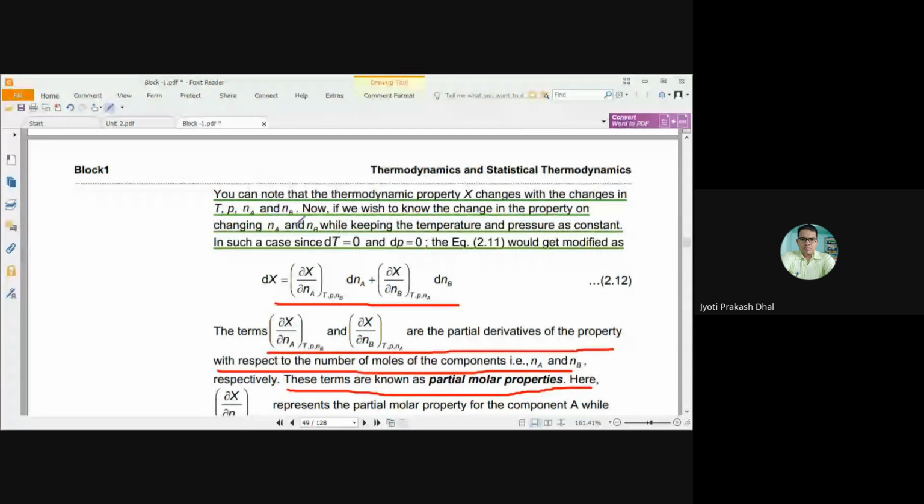Now, in this condition we will keep the temperature and pressure constant, because if we perform this type of experiment in the laboratory, at a particular environmental condition, the temperature and pressure will remain constant. So dT will be equal to 0 and dP will be equal to 0.